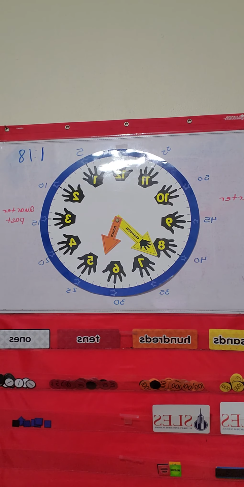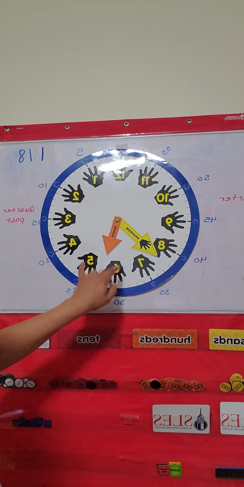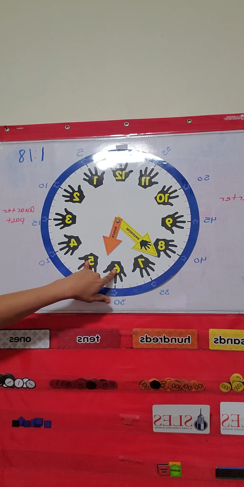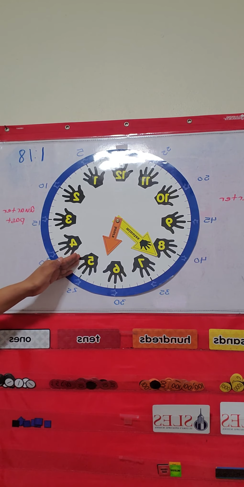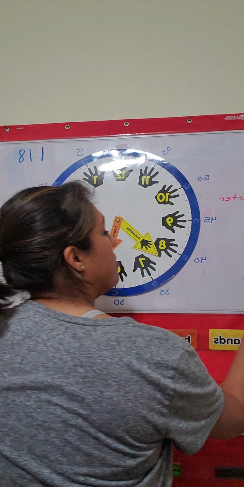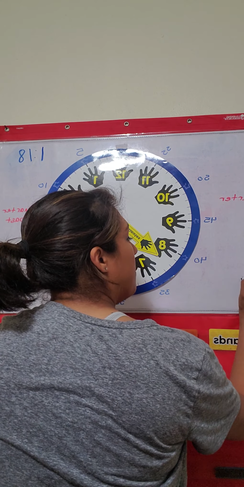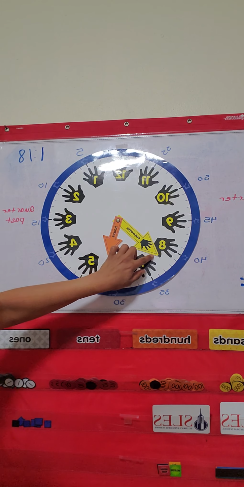So now looking at this time, again, we'd read our hour hand first. So our hour hand is in between the 5th hour and the 6th hour. So when you're in between 2 hours, you stay within the hour before. So we would say this is 5 o'clock because you're not yet to the 6 o'clock. Okay.